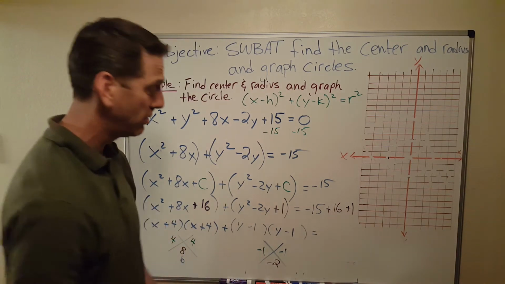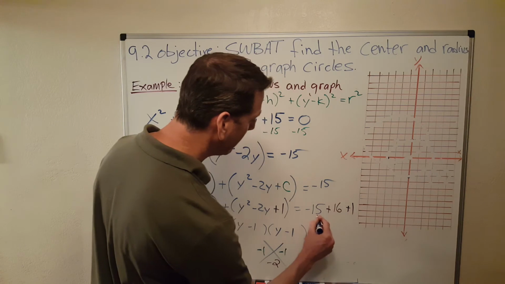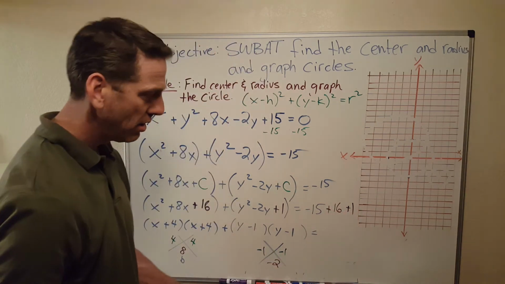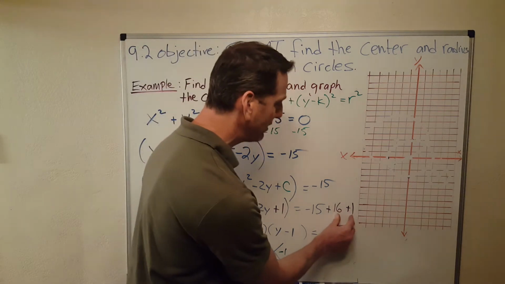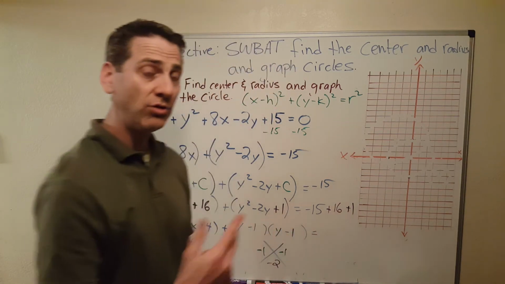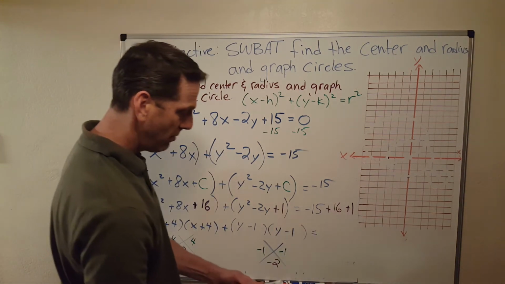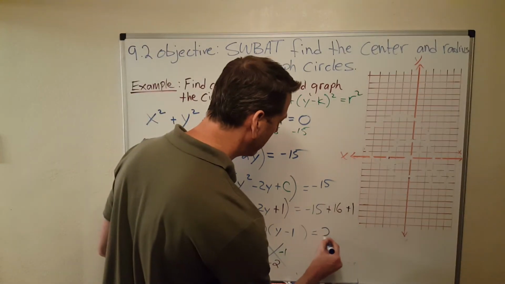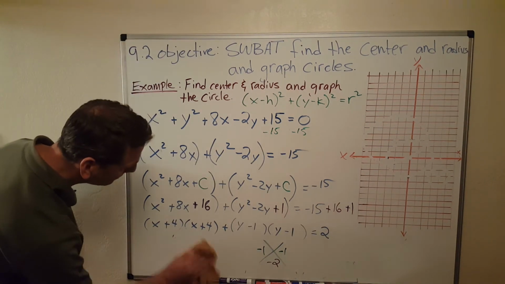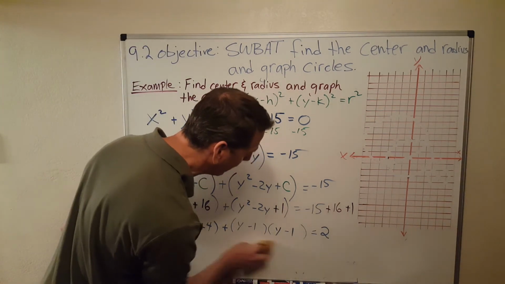Therefore, it's a square. All right, so I get minus 15 plus 16 plus 1. All right, well, 16 plus 1 is 17, and 17 minus 15 is 2. So I'm going to get a positive 2 over here. All right. Now we're starting to get someplace.